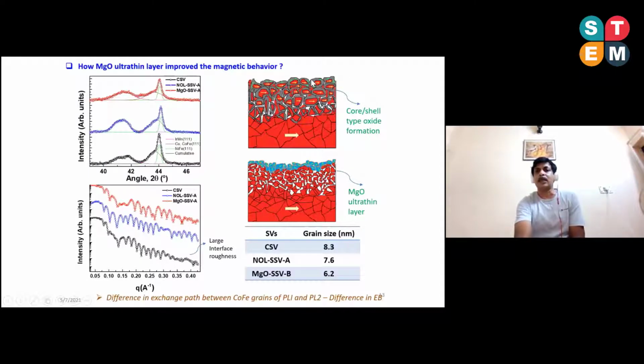So that's why we can say that at the surface of the thin film there will be a density gradient: at the surface it will be more oxidized, and as it penetrates into the film, the oxidation will be less. So we can get an oxide gradient as you go from top to bottom. But in the case of MgO, since MgO is an atom, it cannot penetrate through this path.